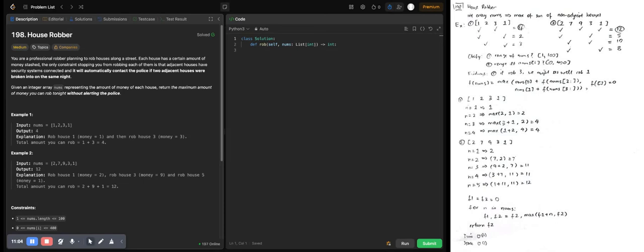Actually, let me write it down vertically so that it makes more sense here. So F, okay, let's do it this way.